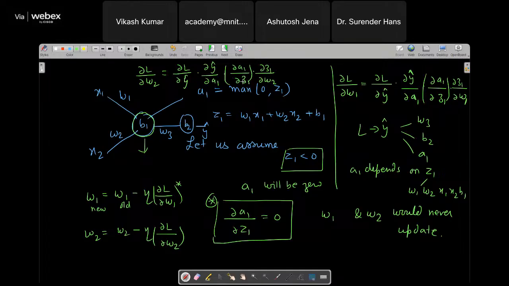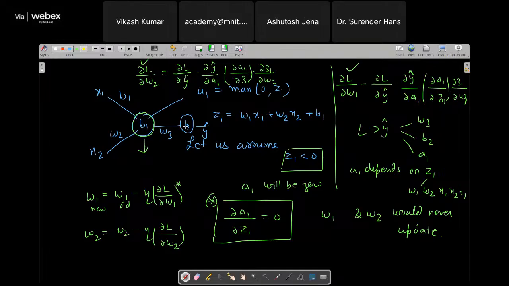So if this is equal to 0, then this gradient, dou L by dou W1 and dou L by dou W2, will be equal to 0. Okay, so if this weighted sum is negative, then the derivative of this value becomes equal to 0. Okay, so clear.